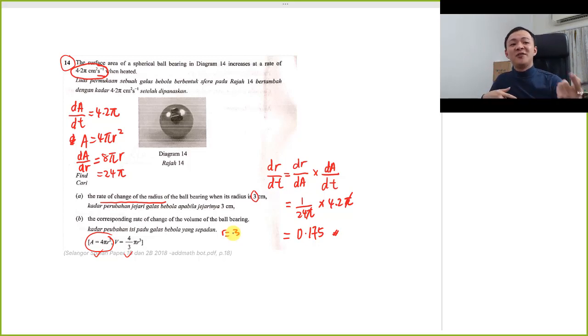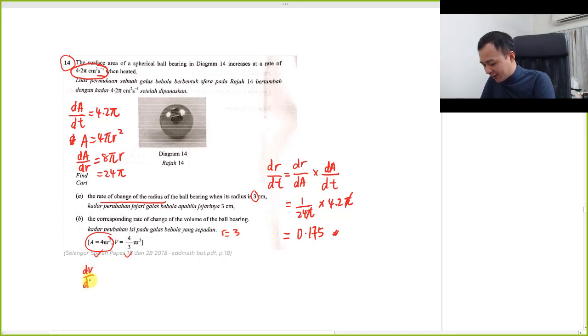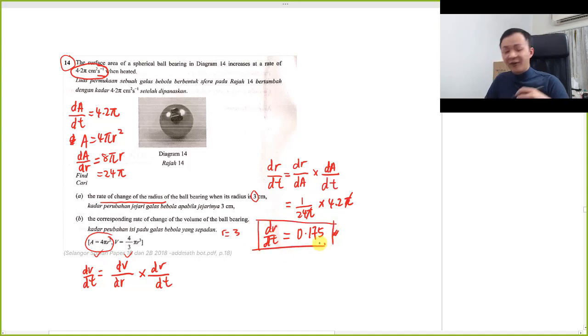So this one is dV over dt, because time is always at the bottom of your fraction. I want to form the chain rule first. This is dV, this is dt, and the middle one, definitely we use the radius, dr and dr. We have dr over dt, which we just found, so we have the dr over dt value already.